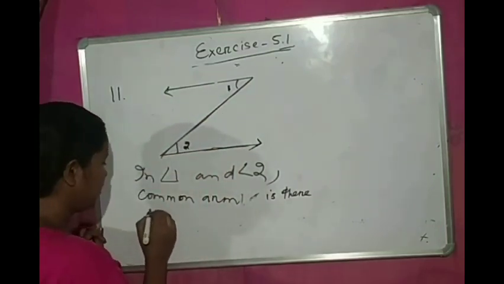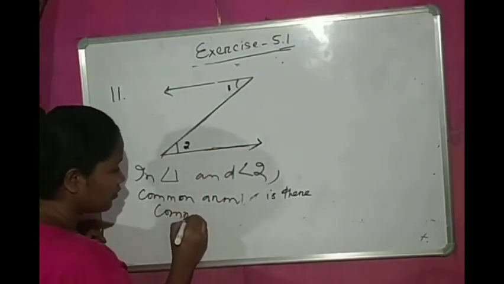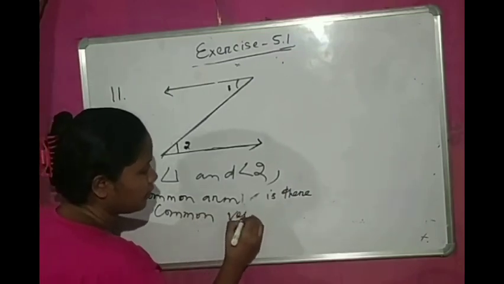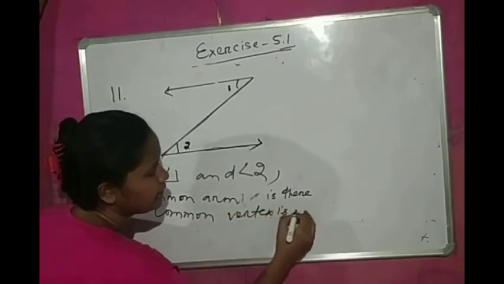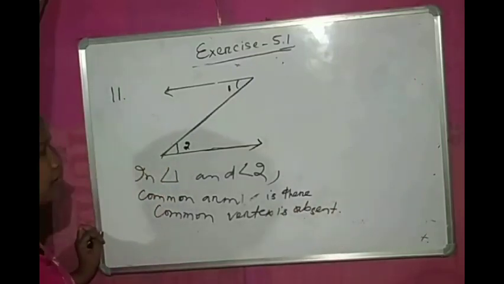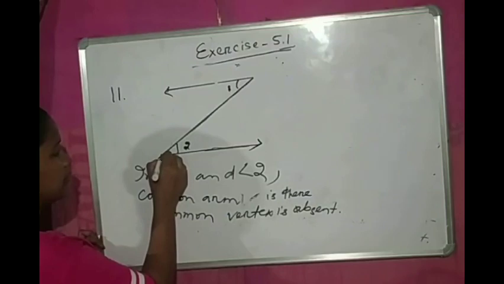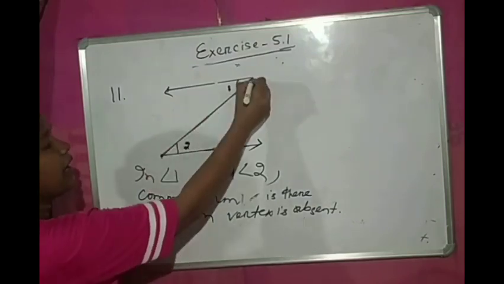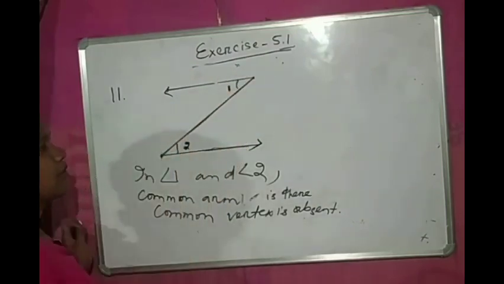But the common vertex is absent. They don't have the same vertex point. Angle 2 has its vertex here and angle 1 has its vertex here.